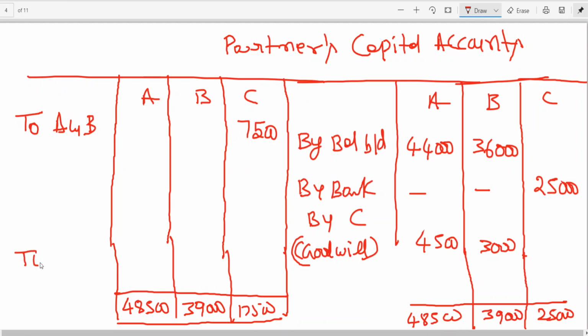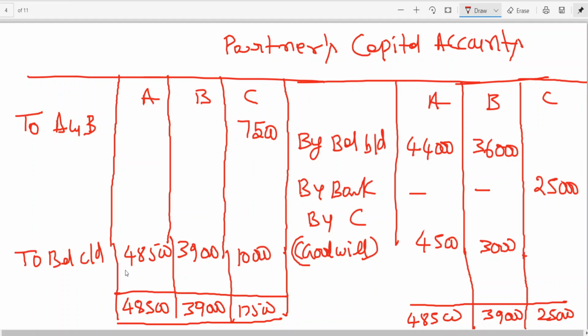Now to balance, carried down: A 48,500, B 39,000, C 10,000.